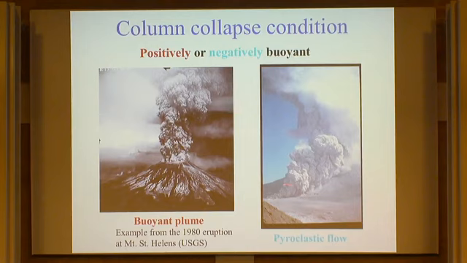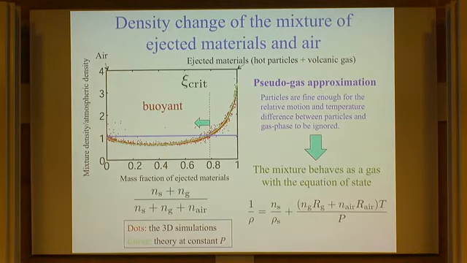The most important physics that separates these two eruption styles is the density change of the mixture of ejected materials and air. This diagram shows, horizontal axis shows the mass fraction of ejected material.